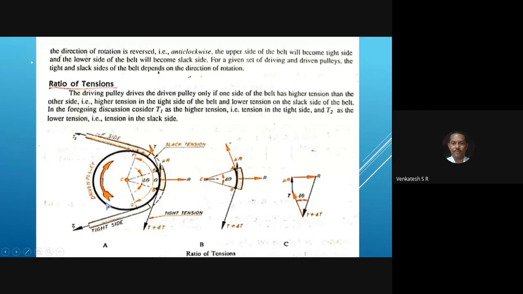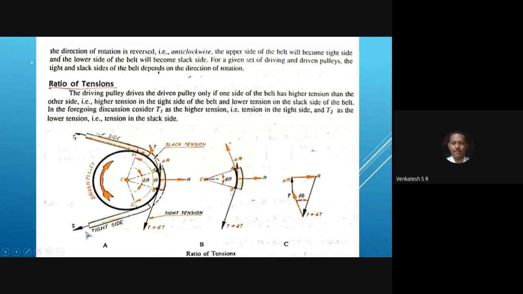So for that, write the driven pulley diagram and the vector analysis of the force analysis, that is tension at slack side, tension at the tight side, T plus delta T, T. Write down mu, coefficient of friction, and uppercase letter R, resultant force. You know the remaining values.